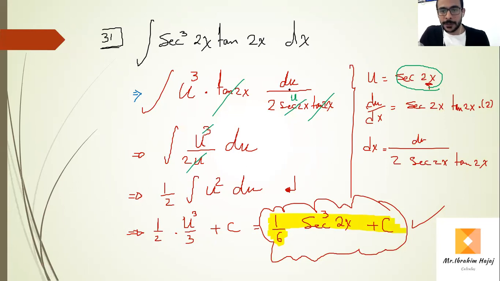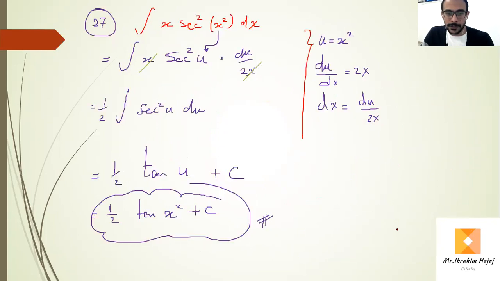When you replace dx by du over 2u, instead of sec 2x I replaced it with u, and tan 2x went with tan 2x. We still have u cubed over 2u, then simplify, and we still have u squared. U squared over 2, or half times u squared. Its integral is u cubed over 3, plus then return it back.